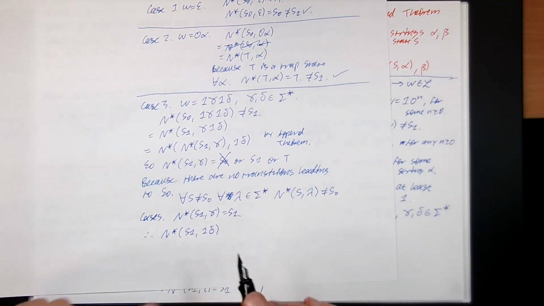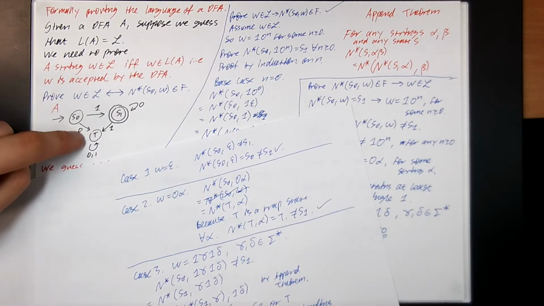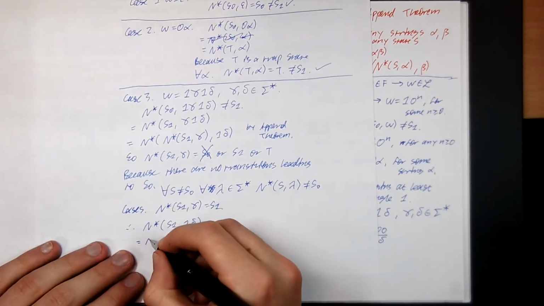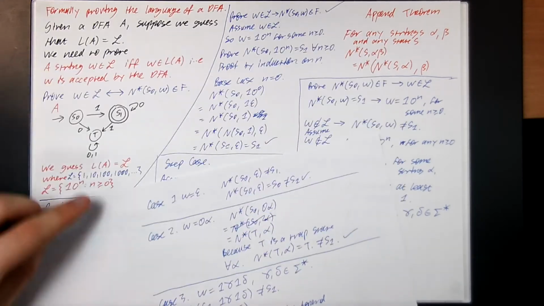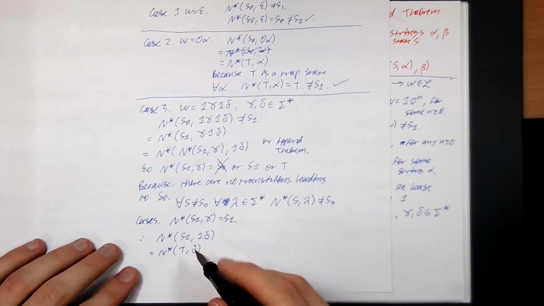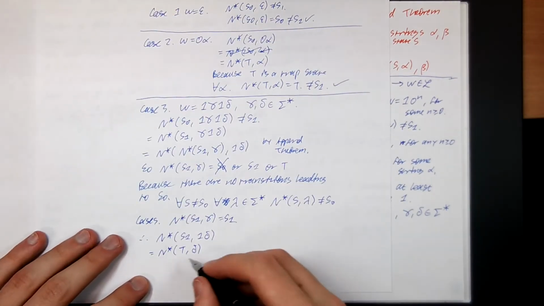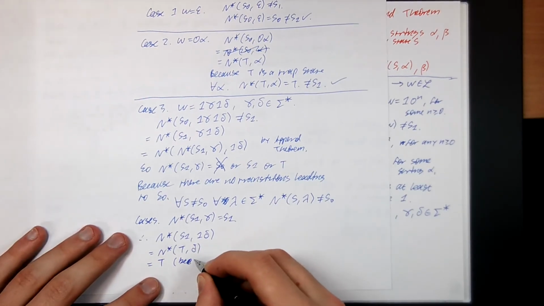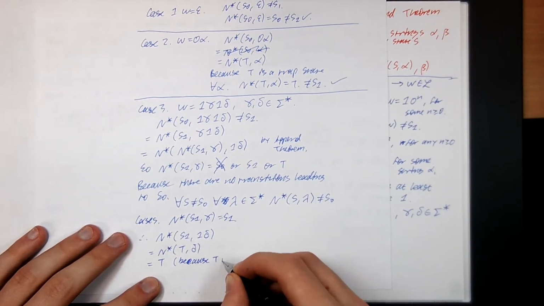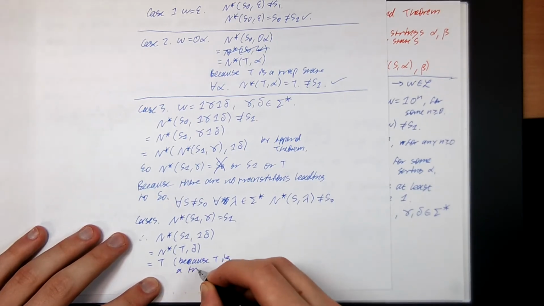If I'm in S1 and I read a 1, I go to T. And then again, because T is a trap state, regardless of what the string delta is, I can never leave T. This will be T because T is a trap state.